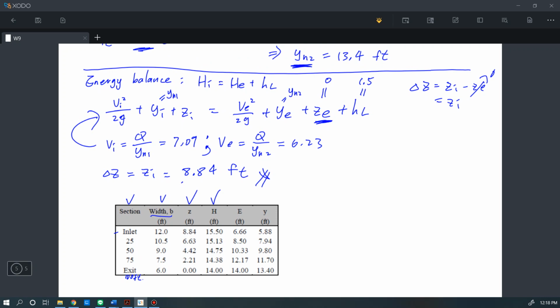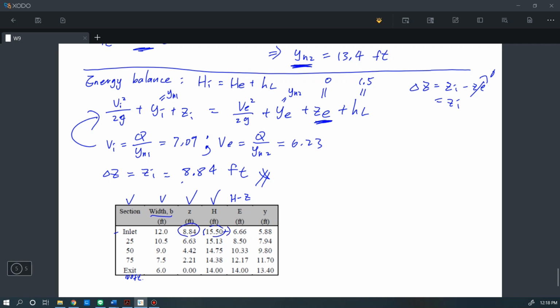Then you can solve this specific energy by H minus Z. So basically it's this value minus this value.